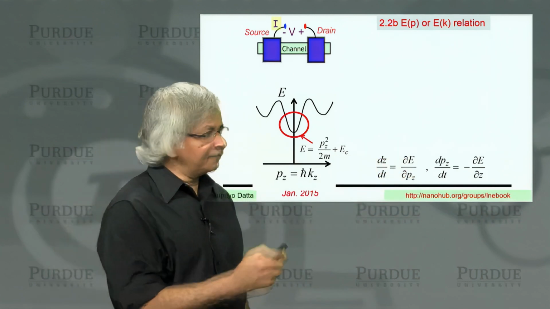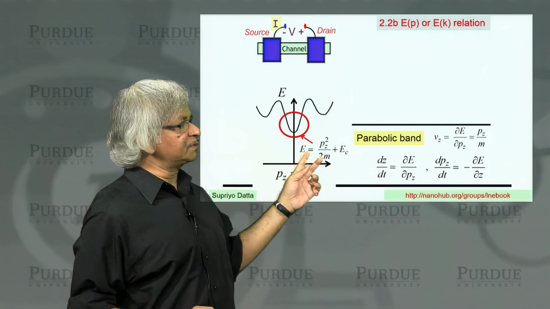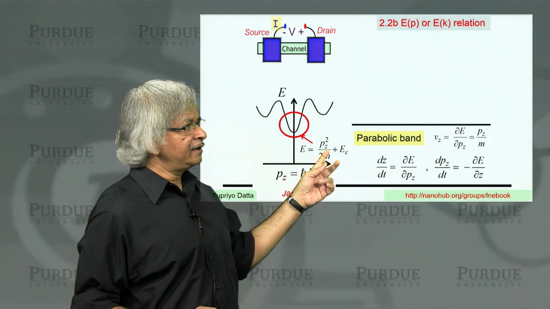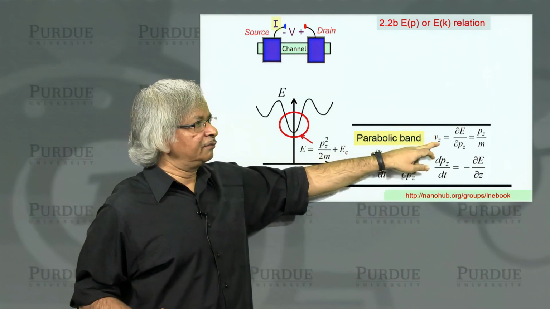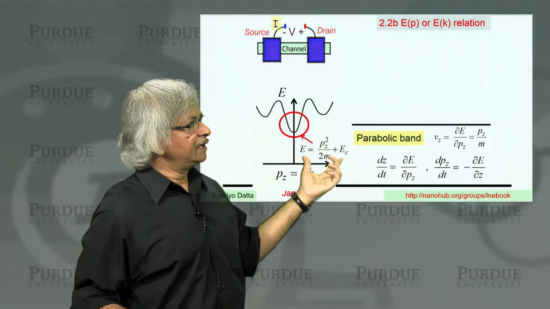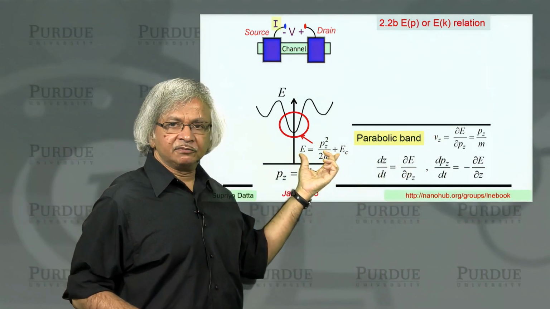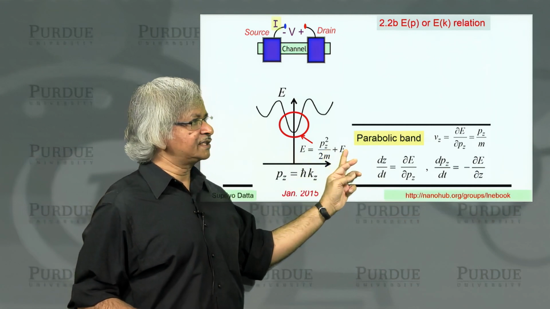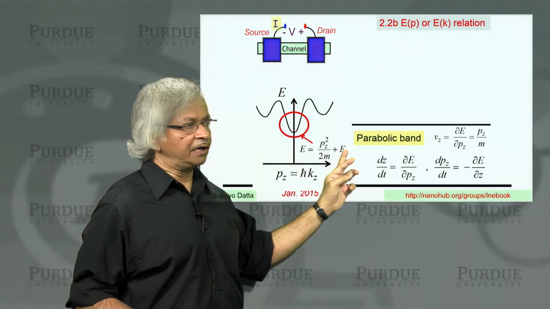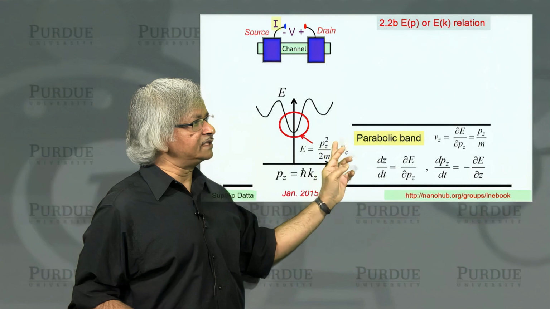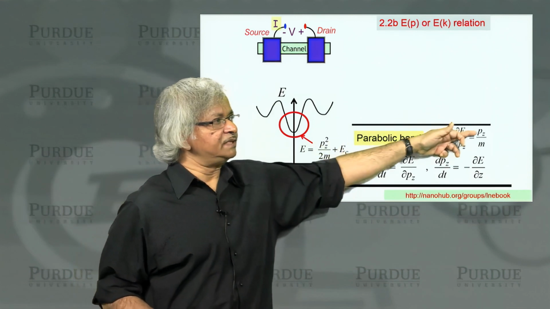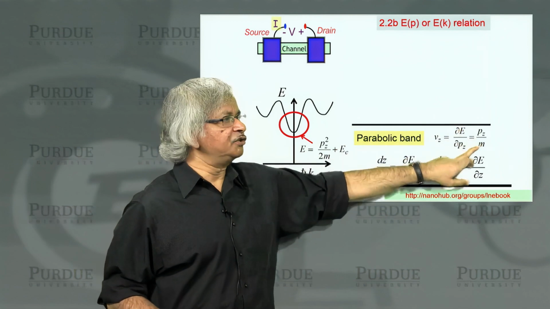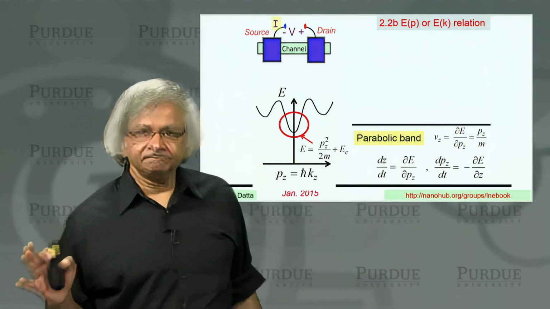Now, if you had a parabolic band, where energy is proportional to pz squared, then this gives you what you're familiar with. Why? Because when I take the derivative of E with respect to pz, of course, this is a constant, so that drops out, and I take derivative of pz squared, I get 2pz, and the 2 cancels out, so you get pz over m. And that's your usual result, P equals mv.